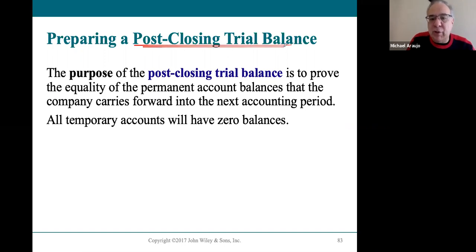And a post-closing trial balance should tell us that all of those accounts, revenue, expense, and dividends accounts, have a zero balance. Okay, that's it. So all it's going to be on that is your assets, liabilities, and equity accounts will have balances. Dividends, revenue, and expense accounts will have a zero balance. You won't see any balance.